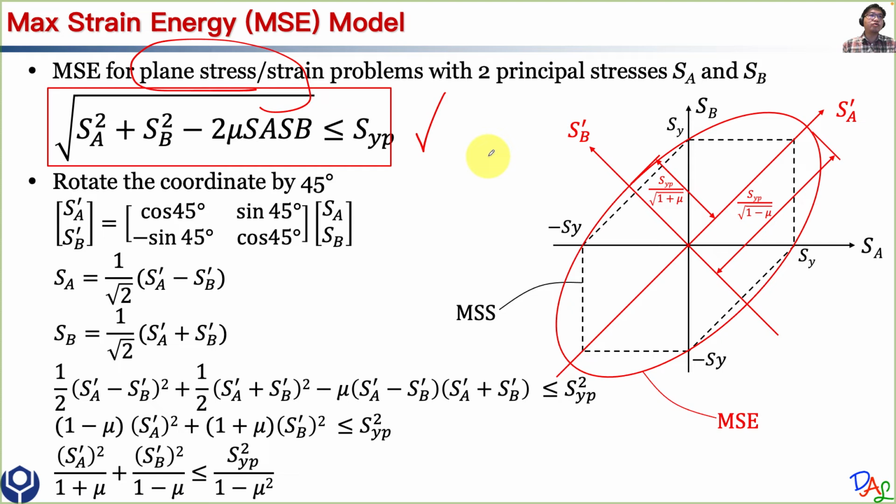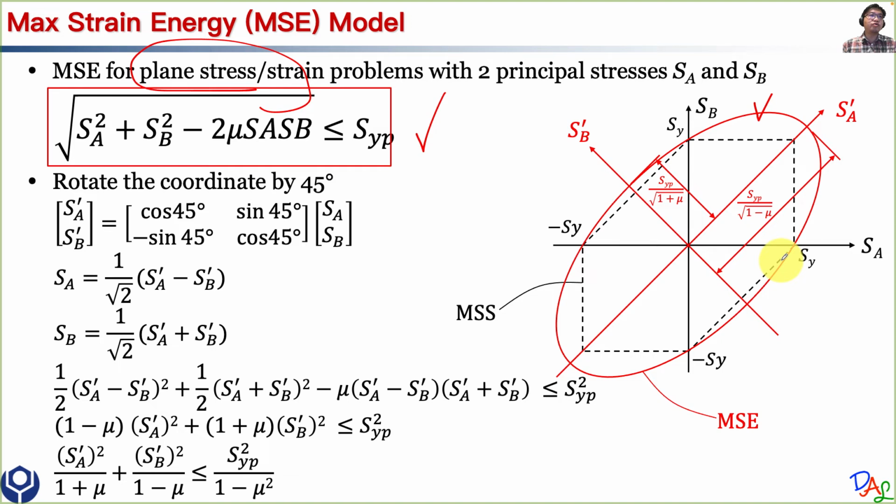Okay, and I tried to plot out the boundary of this equation. At the end it is this ellipse, the tilted ellipse that I'm drawing on the right hand side of the slide.